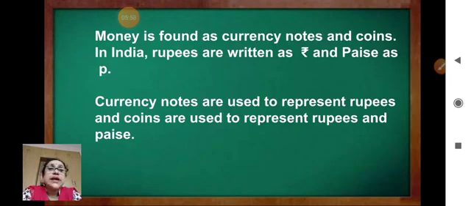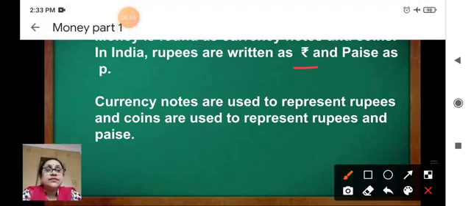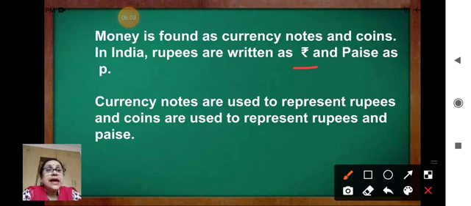Money is found as currency notes and coins. In India, rupees are written with this symbol, and paise as P. Currency notes are used to represent rupees and coins are used to represent rupees and paise.